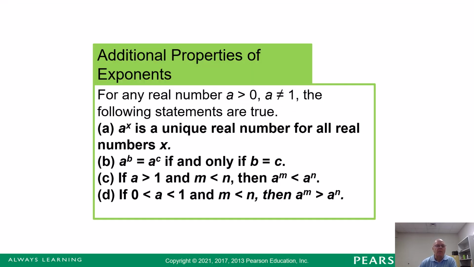Now, some properties of exponents that you need to remember, because this is a little bit different perhaps than what you've seen before. First of all, you've got a number a, and it's positive, and we're not going to bother with the number 1.